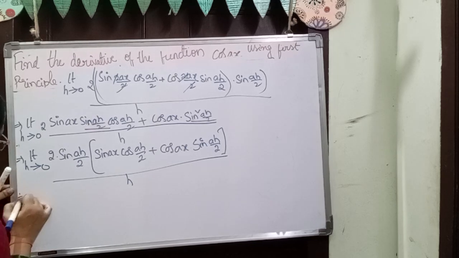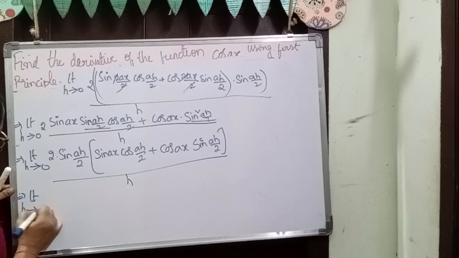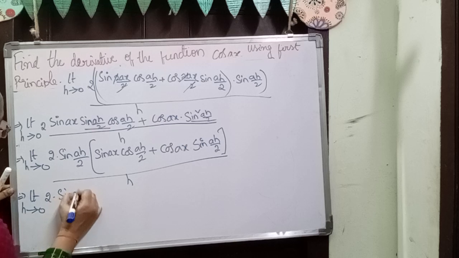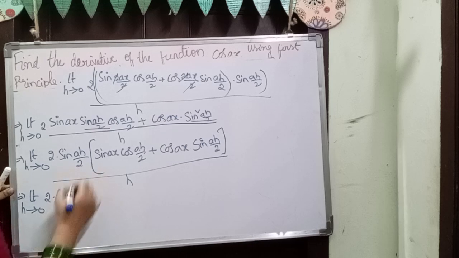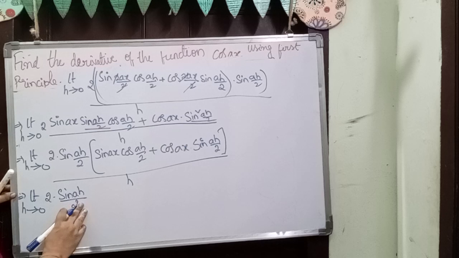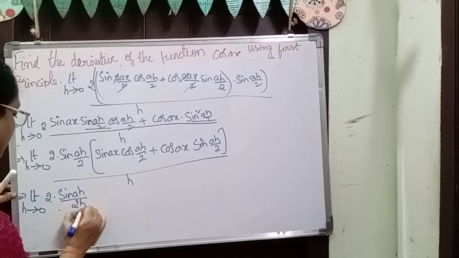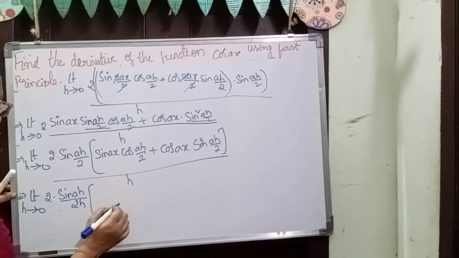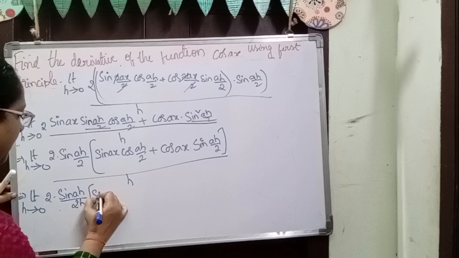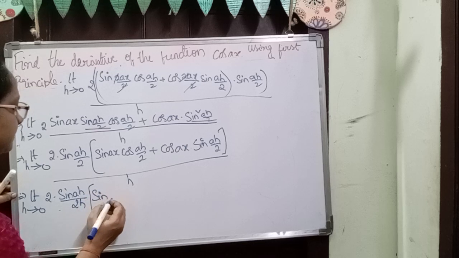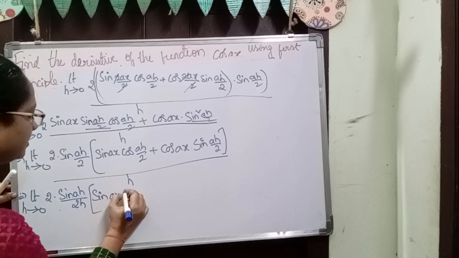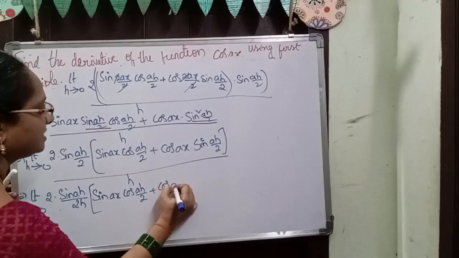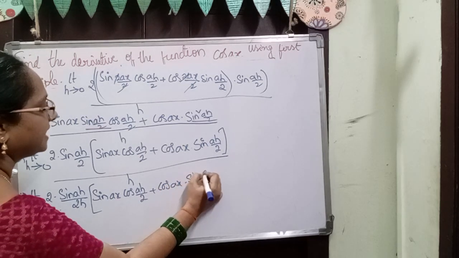Before that, limit h tends to 0, you will get 2 into sin ah by 2 over h, and here sin ax cos ah by 2 plus cos ax into sin ah by 2.